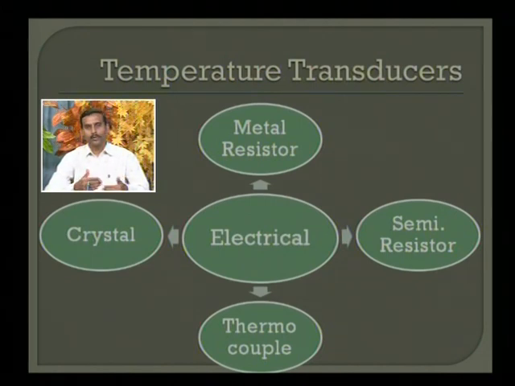In the path, it collides with the lattice particles, and this collision introduces resistance inside the body of the device. So whatever the electrical resistance is, that is due to the vibration of the lattice particles. This lattice particle vibration is actually generating the resistance.